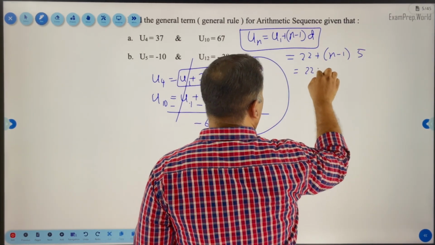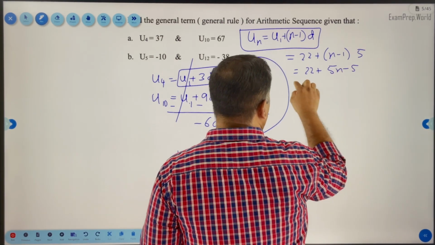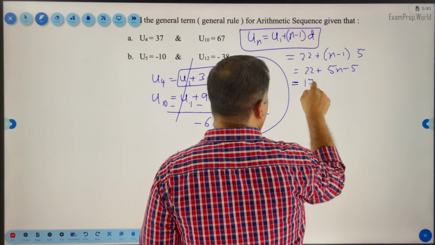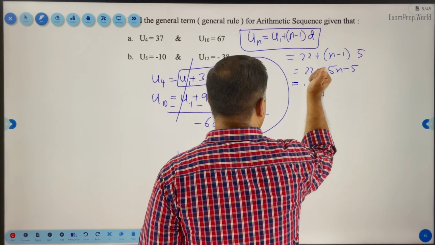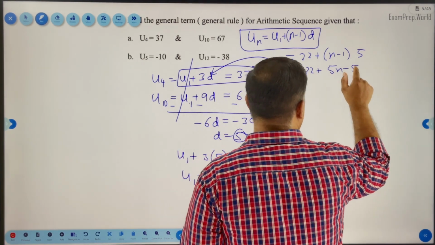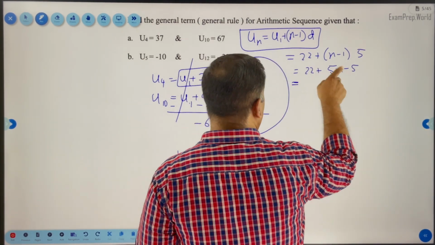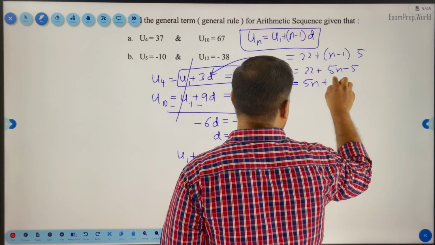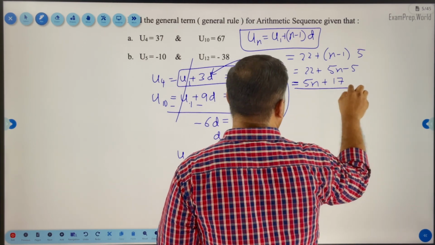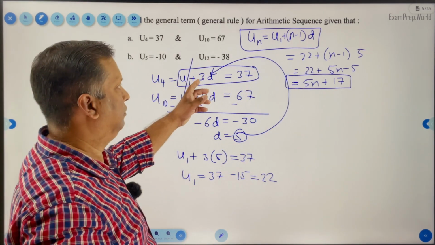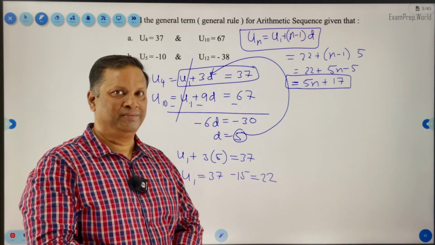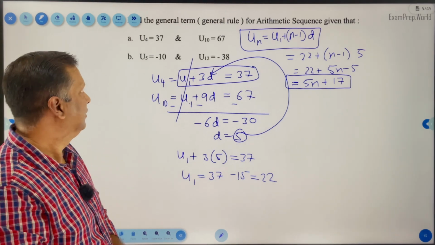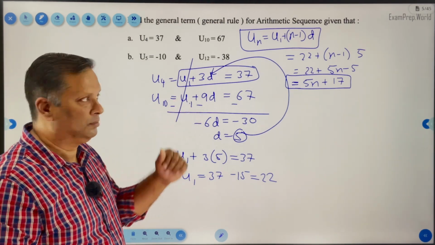So it will become 22 plus 5n minus 5. 22 minus 5 is 17, so our general term for the first question is 5n plus 17. Easy. Pause. Do it yourself, as I always tell. Now let's do the next question.